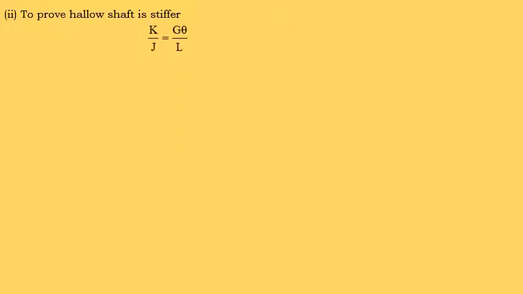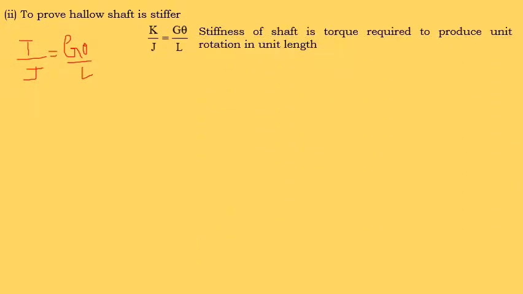For that we consider the basic relation, T by J is equal to G theta by L. This is the second set of equations for torsion, but what is stiffness? Stiffness, always represented by K, is the torque required to produce unit rotation in unit length.